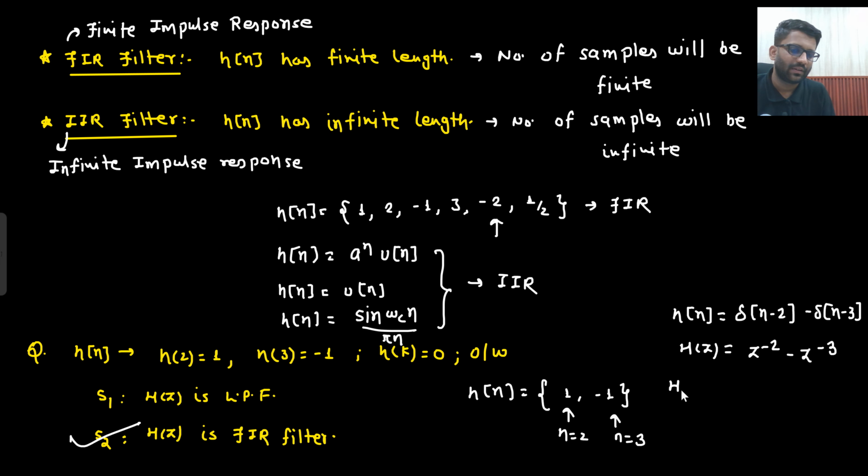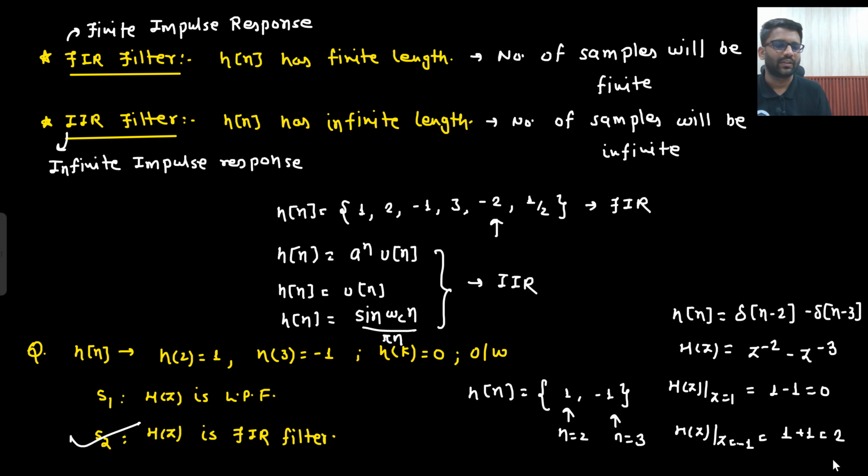So you check at low frequency, which gives 0, and if I check at high frequency, this will give me 1, but this will give me minus 1, because minus 1 to the power minus 3 will be minus 1 only. So high frequency is being passed, so it is a high pass filter. Okay, so it is coming out to be a high pass filter. So this statement is wrong. So very easily we can solve this question. Well and good. Okay.